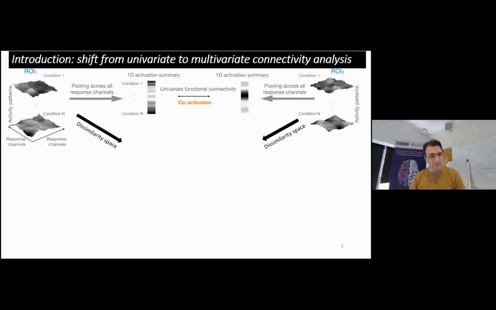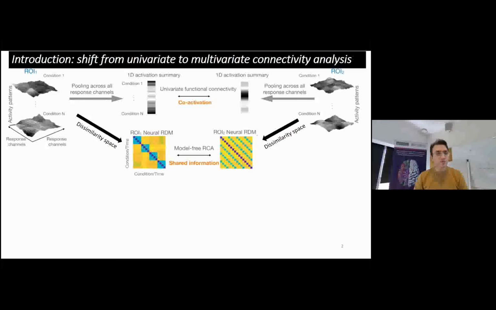But there has been a recent shift towards evaluating all the information within ROIs, within the voxels or vertices, to see if there is any information that you're missing. In order to do that, representational connectivity analysis has been introduced. This method evaluates all the interactions or similarity between your conditions and puts them in a matrix called a representational dissimilarity matrix.